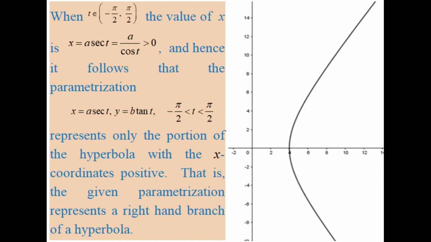Hence, it follows that the parameterization x = a sec t and y = b tan t, where minus pi by 2 is less than t is less than pi by 2, represents only the portion of the hyperbola with the x coordinates positive. That is, the given parameterization represents the right hand branch of the hyperbola.